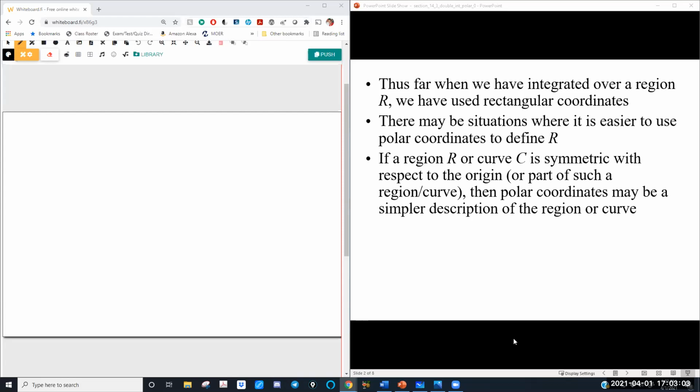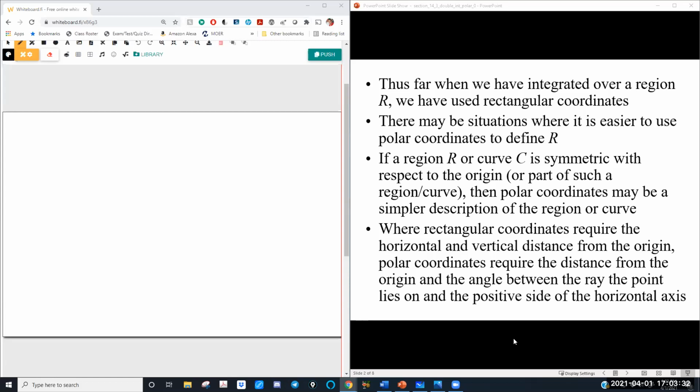Most notably, if the region is symmetric to the origin. So the main ones we're going to look at today is when our region is circular, because polar handles circles much easier than rectangular, right? Every point on a circle is the same distance from the origin. Whereas when we're doing rectangular, our distances are measured horizontally and vertically from the origin.